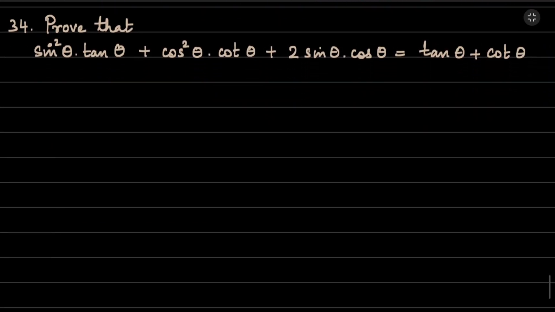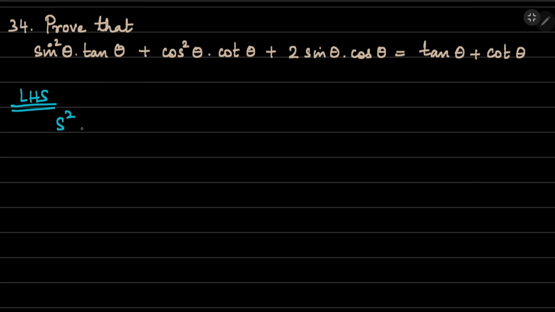Here again, prove that sine square theta tan theta plus cos square theta cot theta plus 2 sine theta cos theta is equal to tan theta plus cot theta. Best thing is to take the LHS and convert everything to sine and cos.